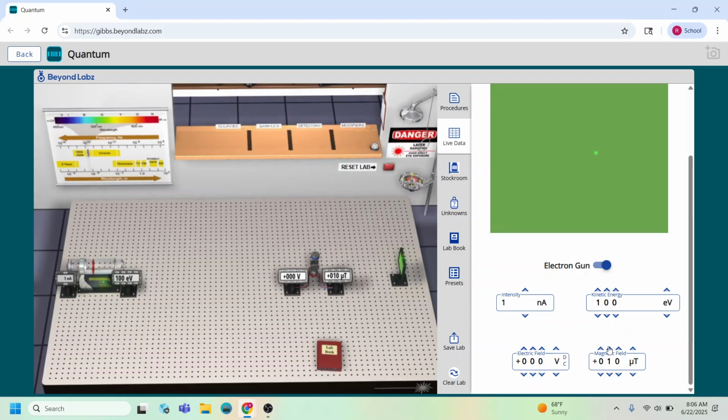So if we change the magnitude of the magnetic field, this is the tenths place, and thereby increase the magnetic field, we can observe how the beam of electrons bends or moves with the changing magnetic field. We can also change the electric field.